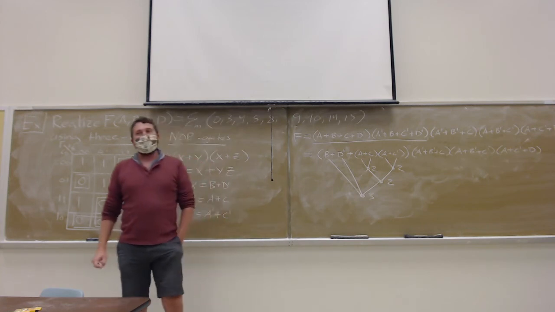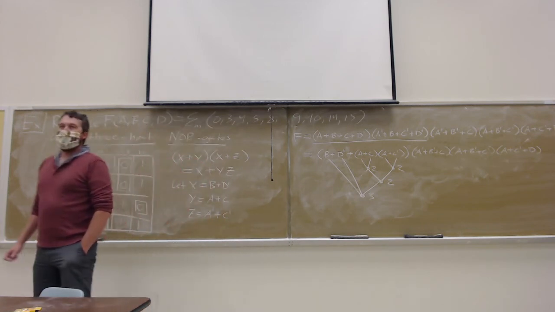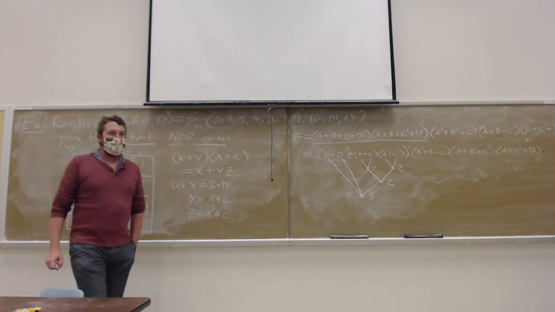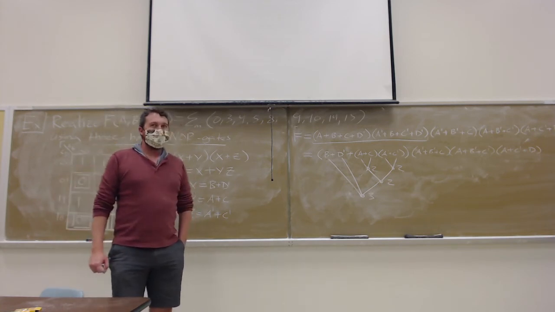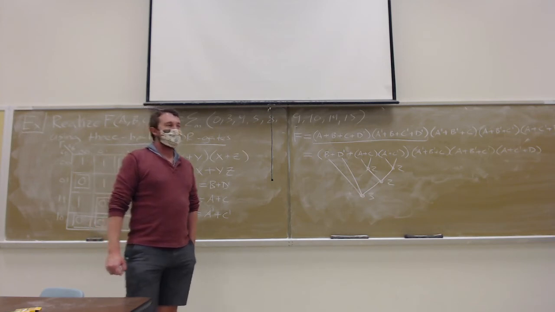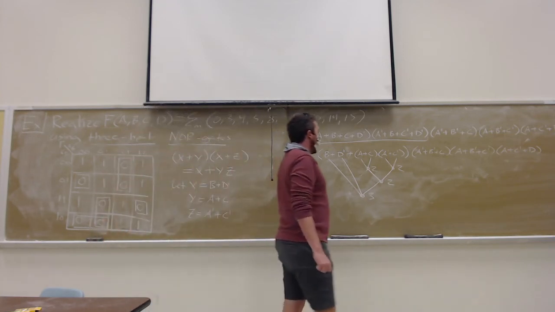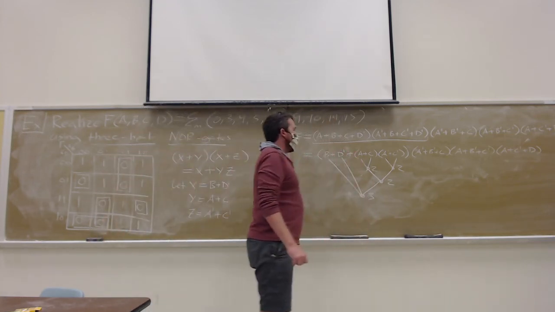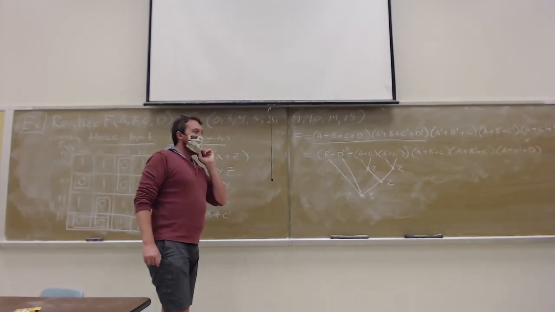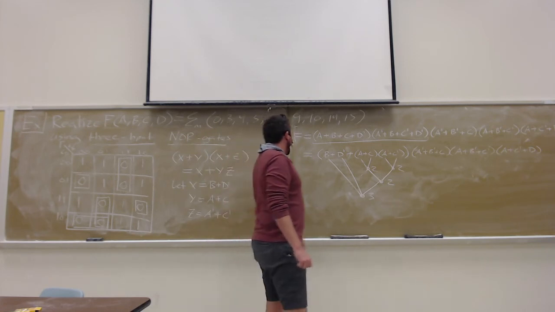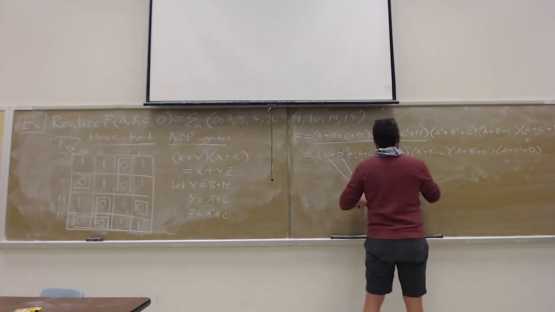But we're not quite done yet. Why? Because you still have a product of some. Well, the form is correct. That's fine. We still have an AND gate on the outside. Let's see if we finish this up, right?